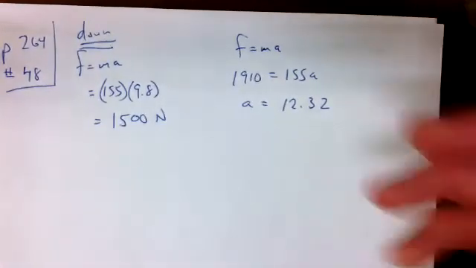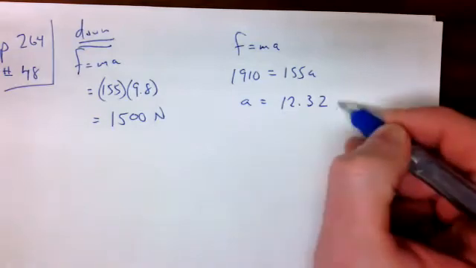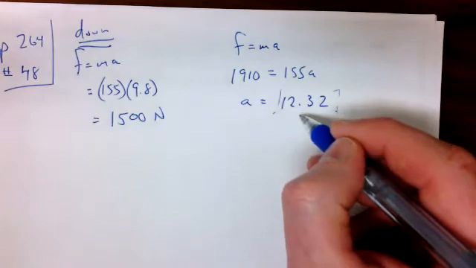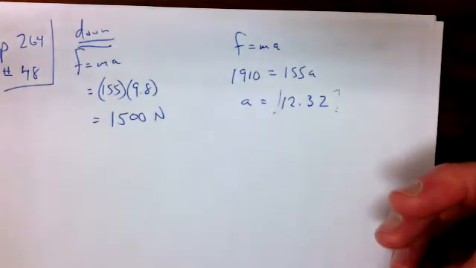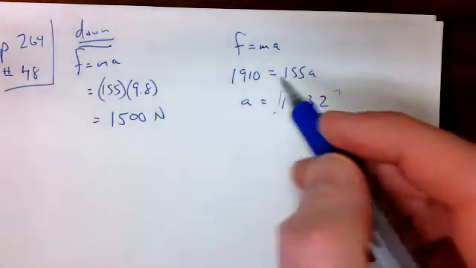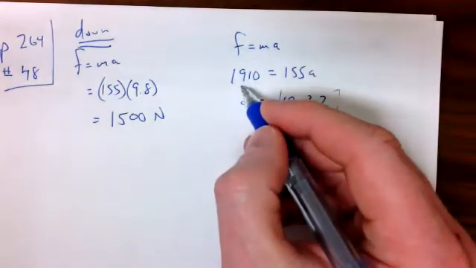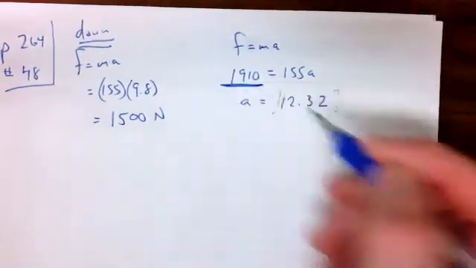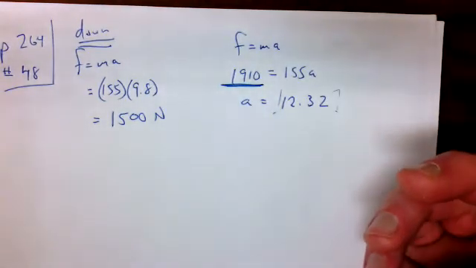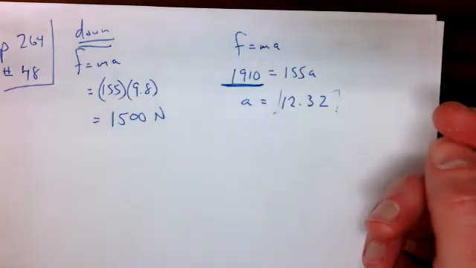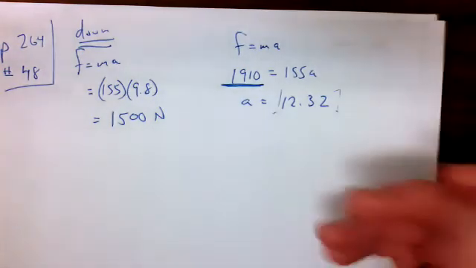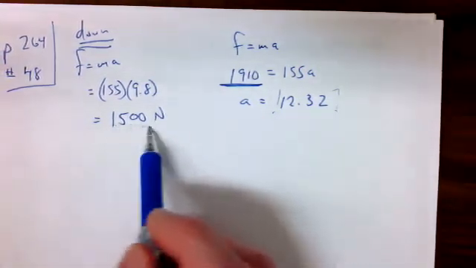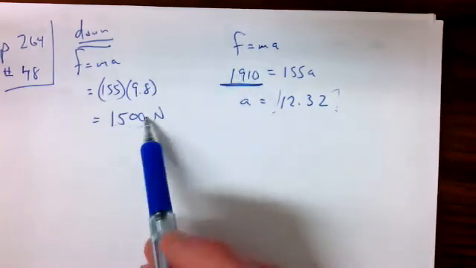Now I'm doubting myself here, because this person is acting against gravity, so I want to add 9.8 to this. But I don't like questions like this, because it's telling you they're using 1910 newtons of force. If this is the force of gravity, then really it should be a difference.